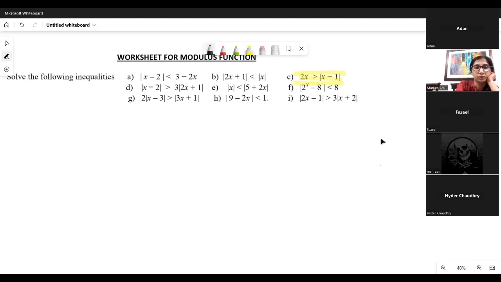Okay, for C, it's going to be 2x greater than plus minus bracket x minus 1. Since the modulus symbol is at one side of the inequality only, you don't have to square both sides in this question. You write plus minus with the mod at the modulus end.